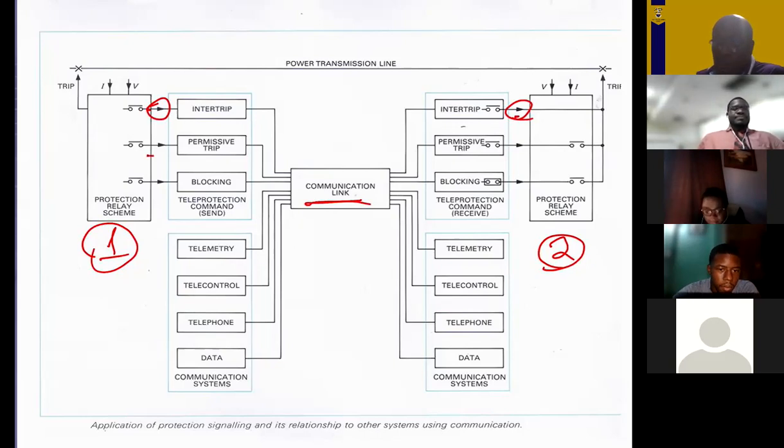Or we can have permissive, once it is received, but also supervised at the other end. So what we have inside here is showing supervision. So you have to have that AND function. So both these normally closed, normally open contacts would have to close.